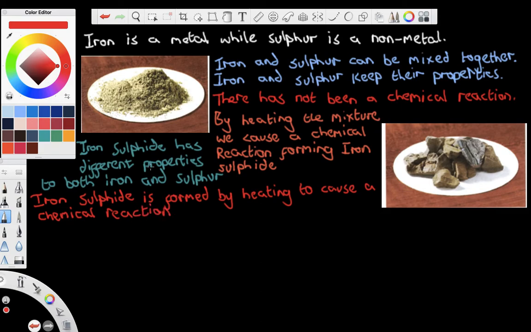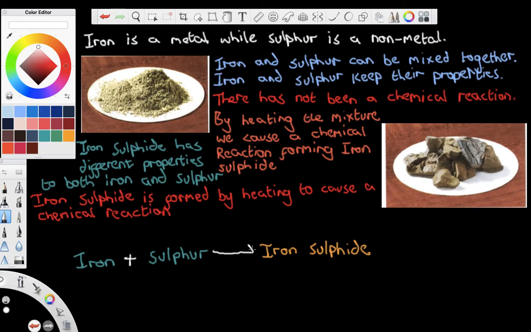Now we could show this in a word equation. We could have iron plus sulfur to form the product iron sulfide. Okay, and we can add our plus in, and we can add our arrow in.